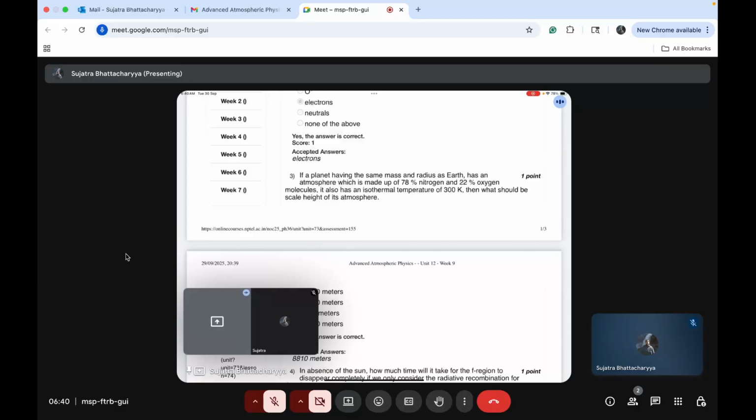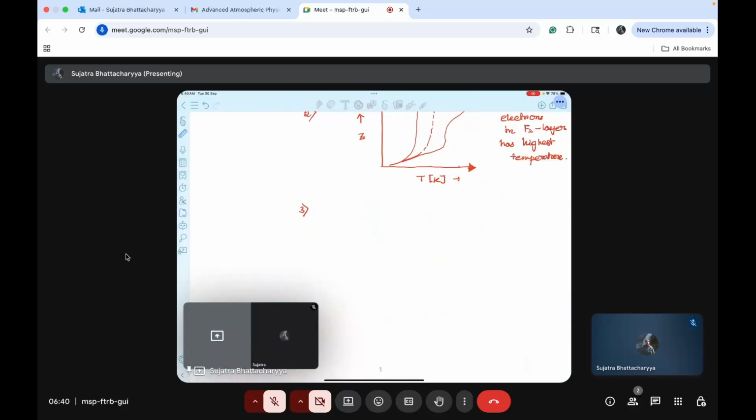So we will just focus on nitrogen and oxygen. How will we calculate it, what is the expression of the scale height? Very important, in the question the isothermal temperature is mentioned. This scale height is majorly defined for an isothermal atmosphere. So a planet with an isothermal atmosphere, a very important term.